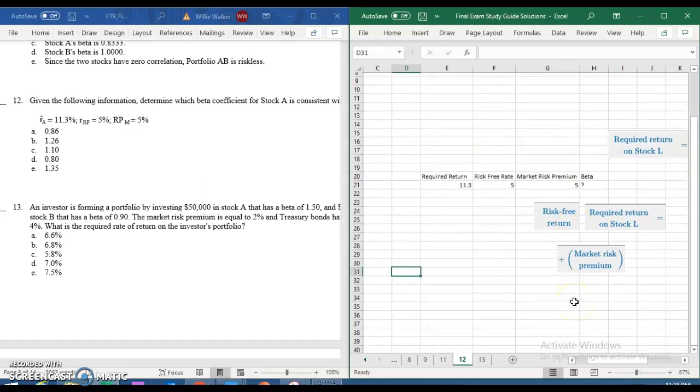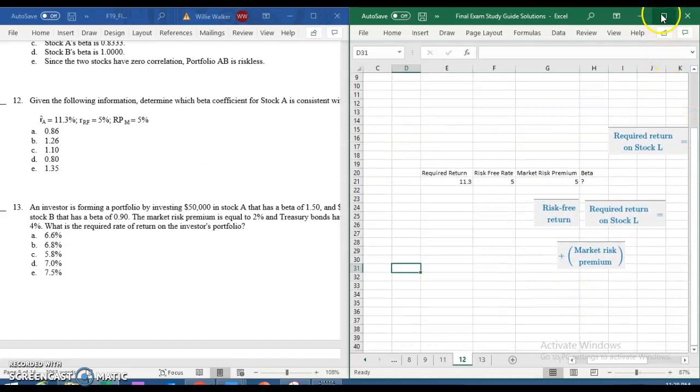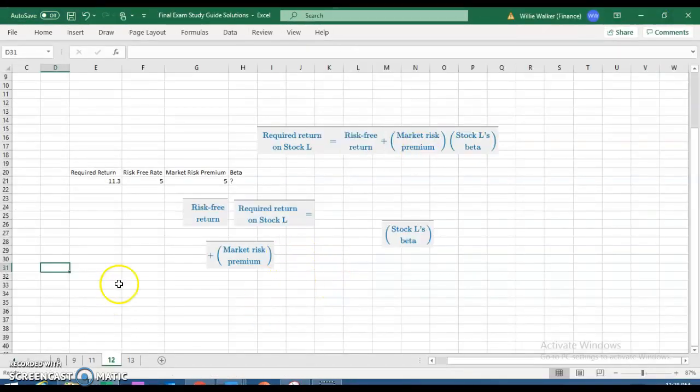So what we can do to find beta is subtract the risk-free rate from the required return. Okay, that's this part of the equation.